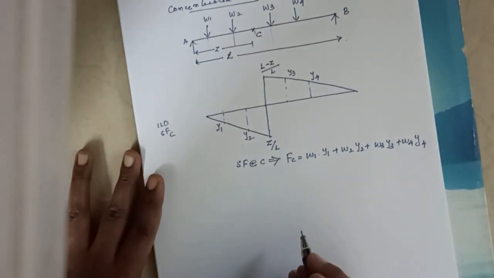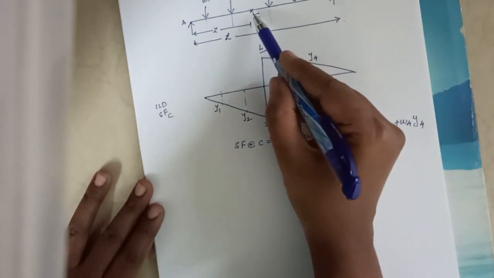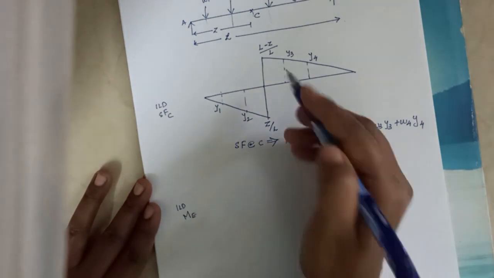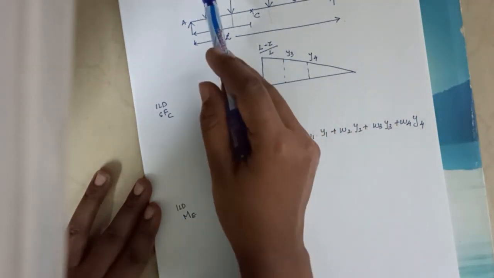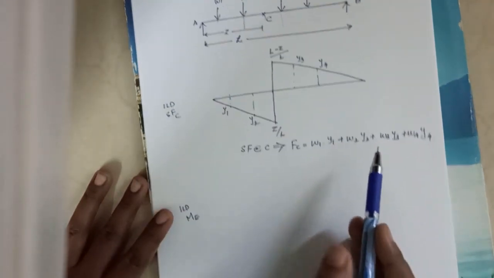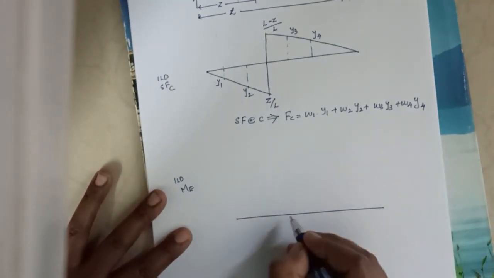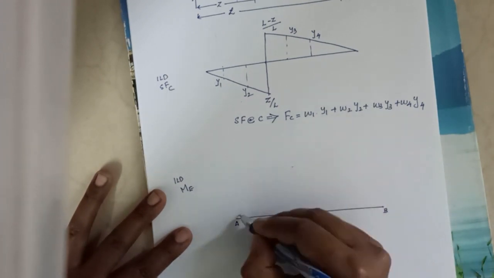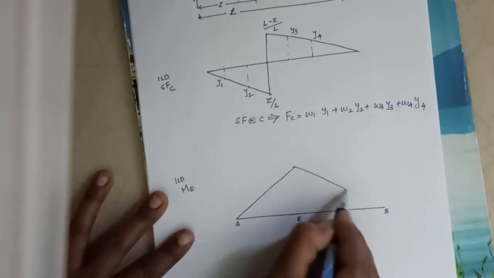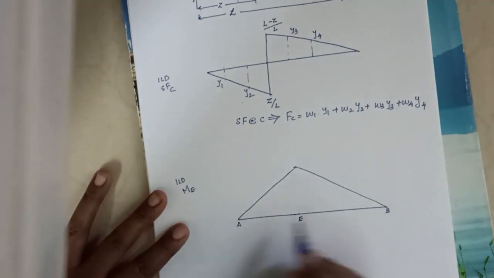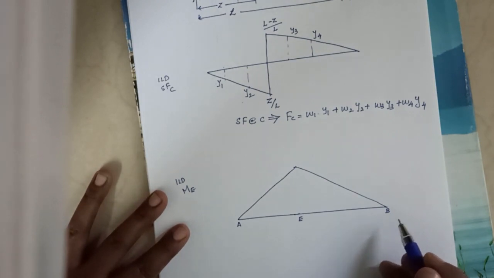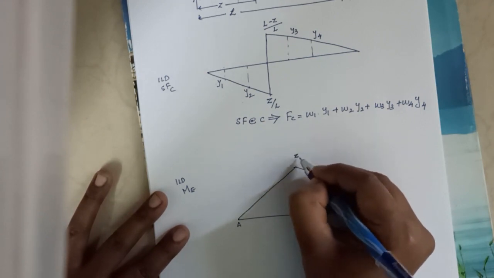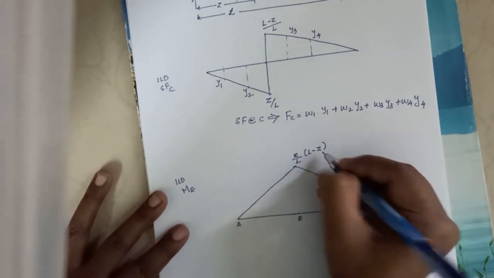Similarly, for finding the bending moment at this section C, first we have to draw the standard influence line diagram for the bending moment for a particular section. This is the standard bending moment diagram for a simply supported beam. The value will be equal to Z by L into (L minus Z).